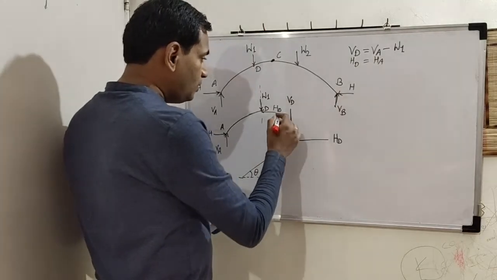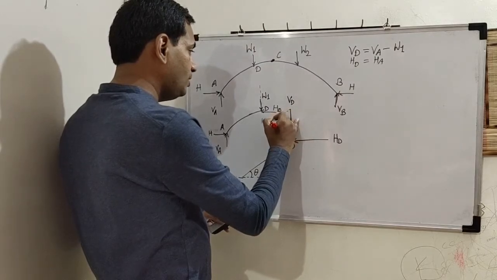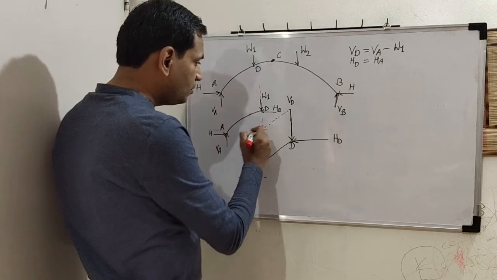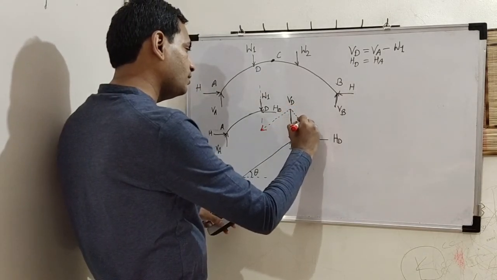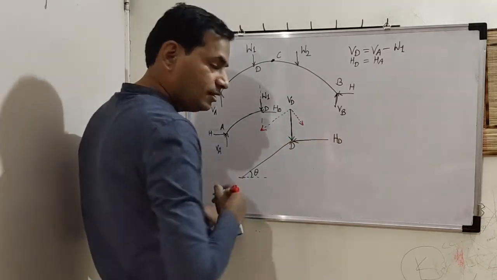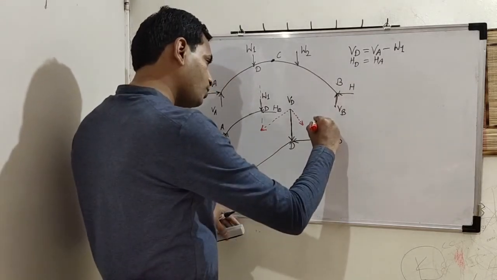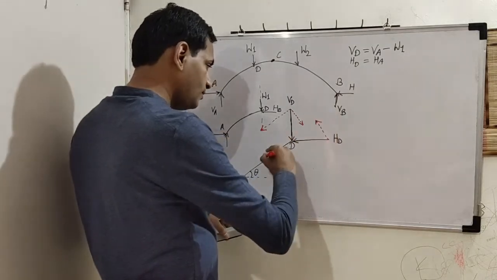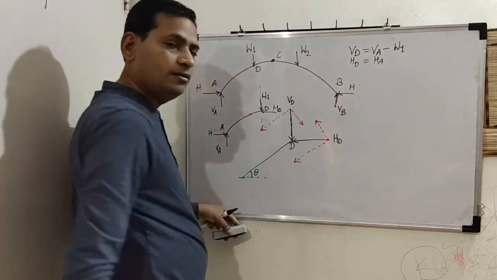So if you resolve this component into its two perpendicular directions, one will be parallel to the tangent, another will be normal to the tangent, correct? Similarly, HD will also have two components, one normal to that tangent, correct, and another parallel to the tangent.